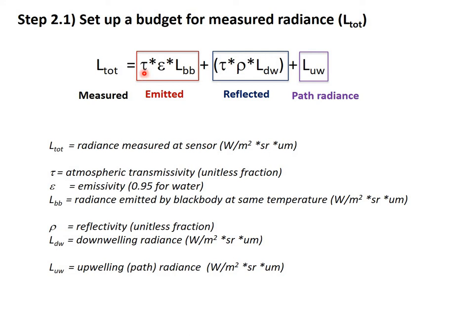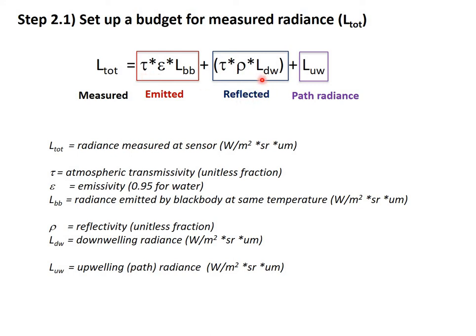This transmissivity T is a unitless fraction denoting what fraction of the energy successfully passes through the atmosphere. So it's between 0 and 1. A transmissivity of 0.9 would suggest 90% of the emitted radiation from the surface actually makes it up to the satellite sensor.